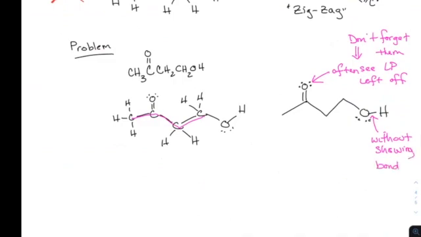And in that case, it would look like this. OH. And I'll even leave the lone pairs off so you can see what it would look like. And it's because we're lazy and we do it fast, and that's it.